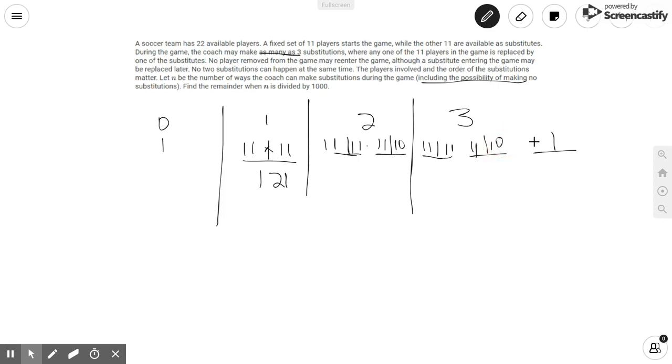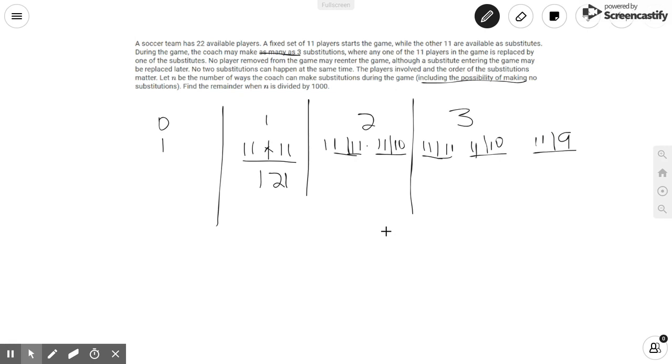And for the third substitution, if we use the same logic as before, we still have 11 people we can take out of the game because a substitute entering the game may be replaced later. However, we have 2 people who have left the game after playing. So that's 2 people out of the 11 substitutes we have that we cannot put in. So that gives us only 9 possibilities to pick this last one.